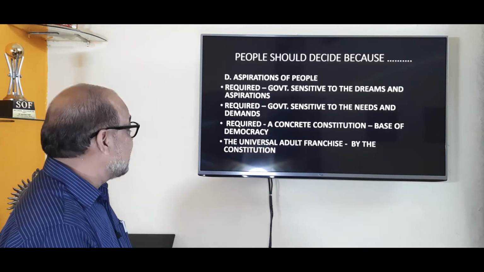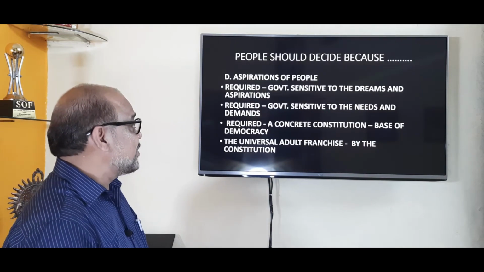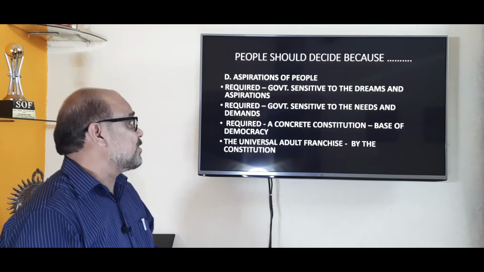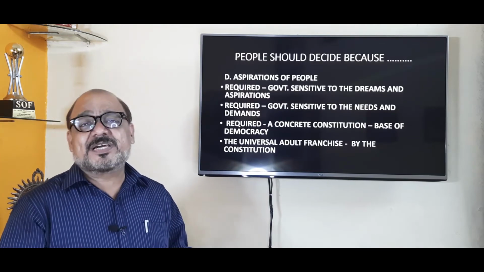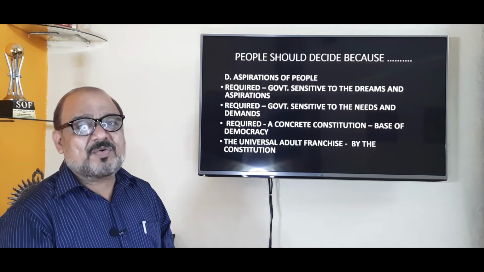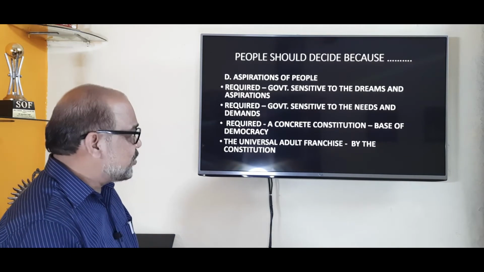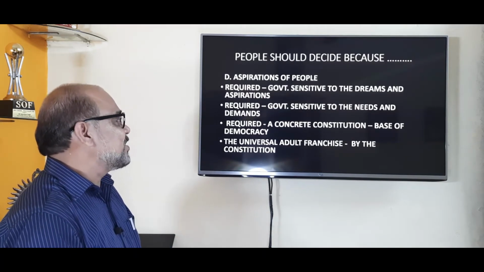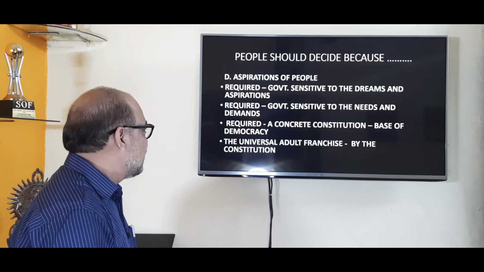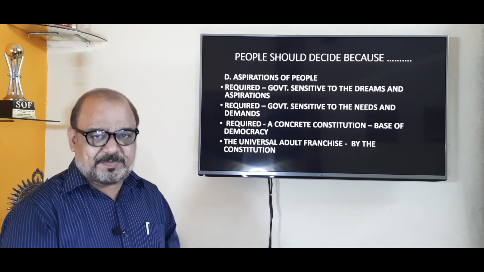And the next is required government sensitive to the dreams and aspirations. After getting independence, we required a government which remains sensitive to the dreams and aspirations of the people.